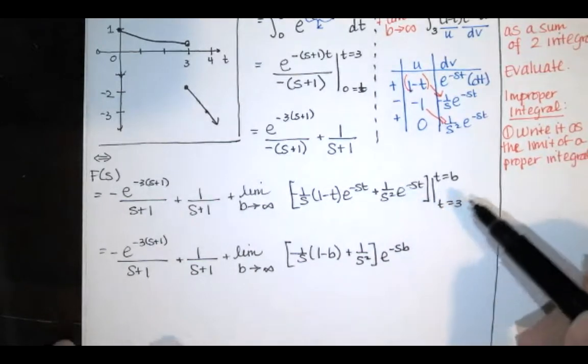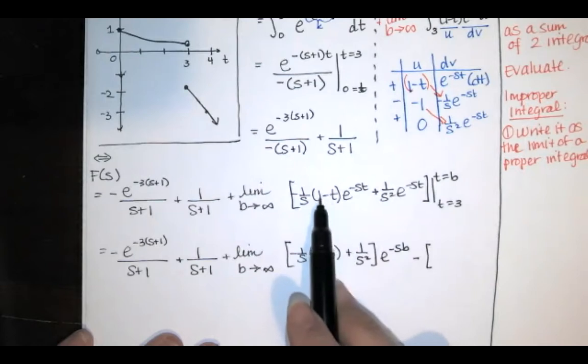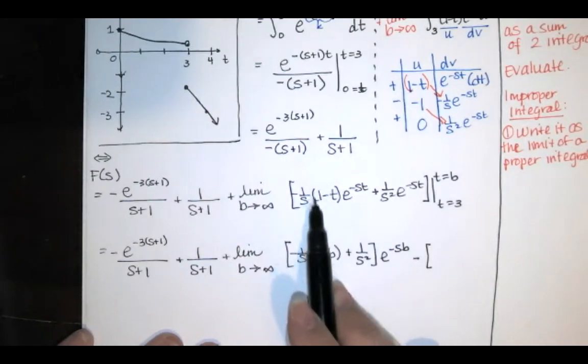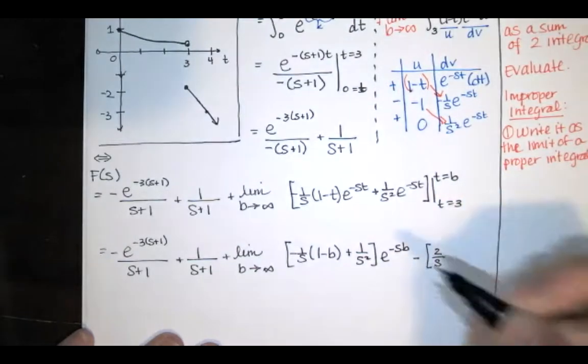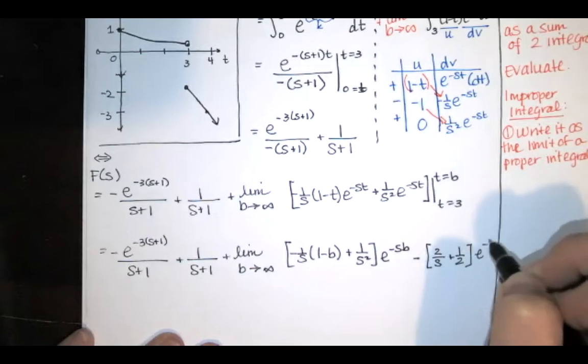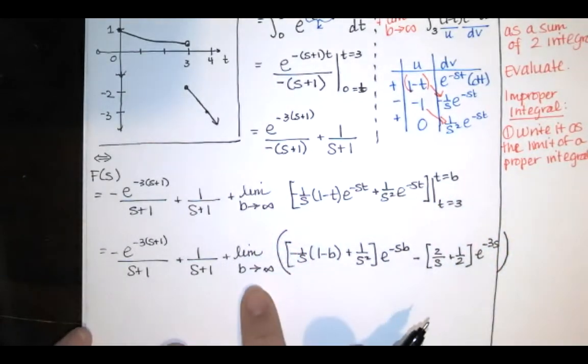And then when we replace t with 3, we'll have 1 minus 3 is -2. -2 times -1 over s is going to be +2 over s plus the 1 over s squared times e to the -3s. And we're evaluating the limit of all of that as b goes to infinity.